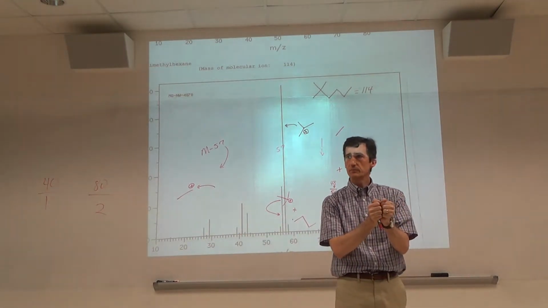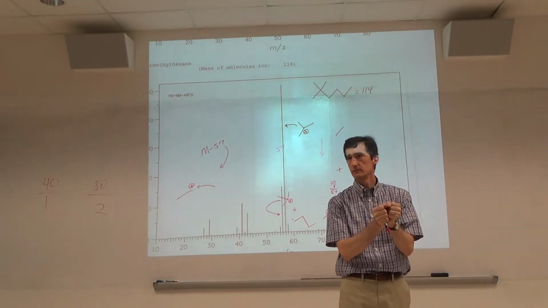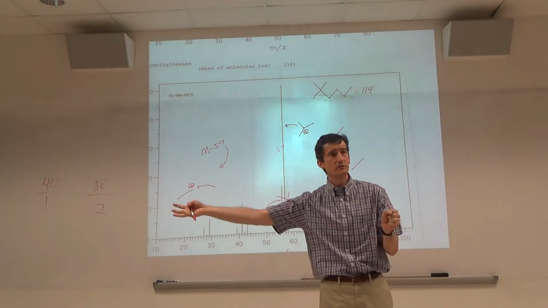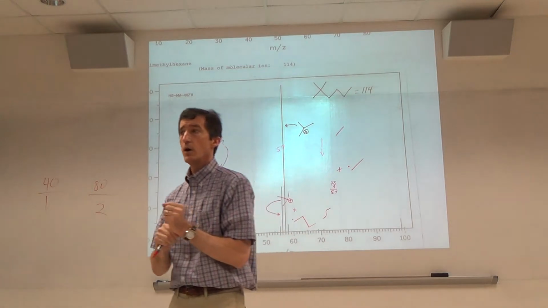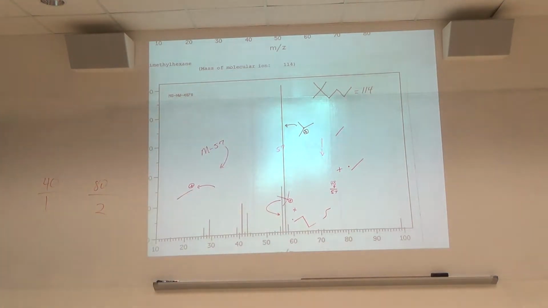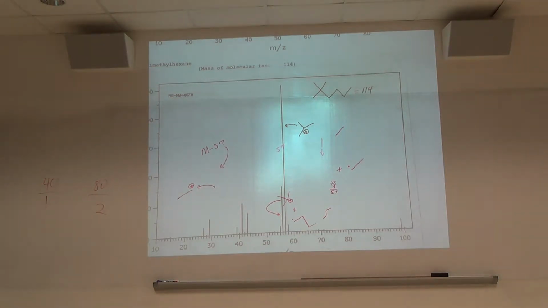But what if it breaks apart instantaneously? It's never going to make it to the detector. Why would something break apart instantaneously and something else not? Well, if it's very favorable. If this thing is very favorable to break apart, it's going to do it real quick. Apparently this is very favorable because it broke apart and formed a tertiary cation. Very easy to form.